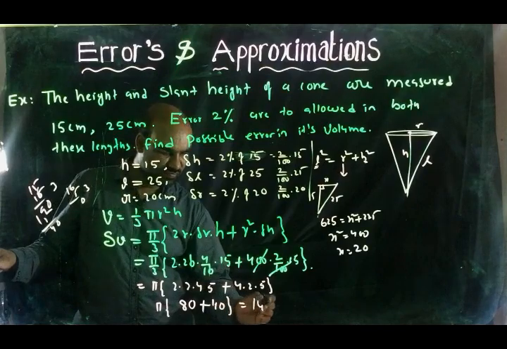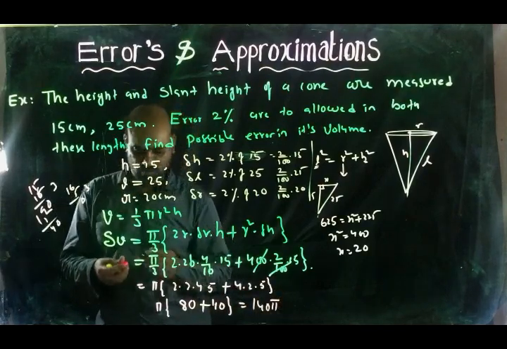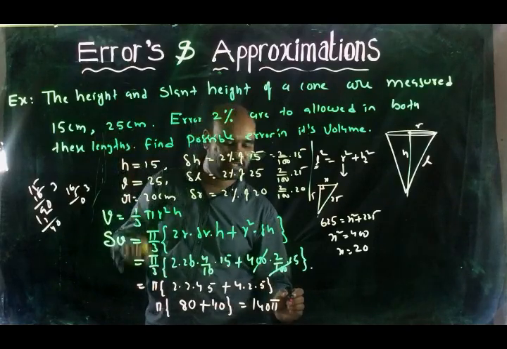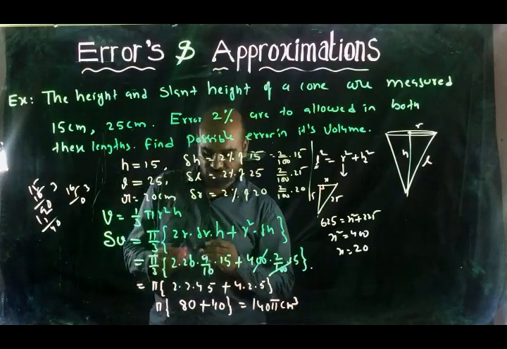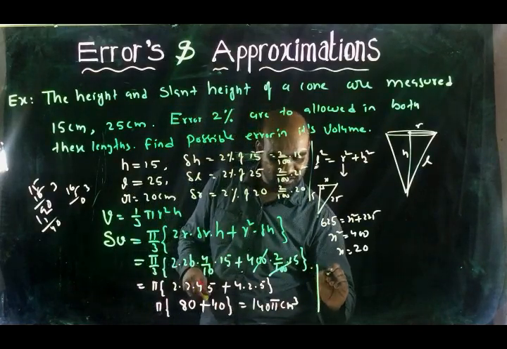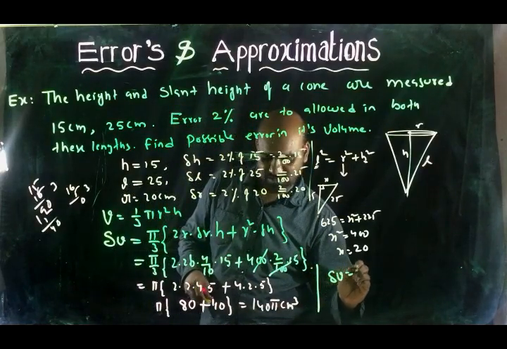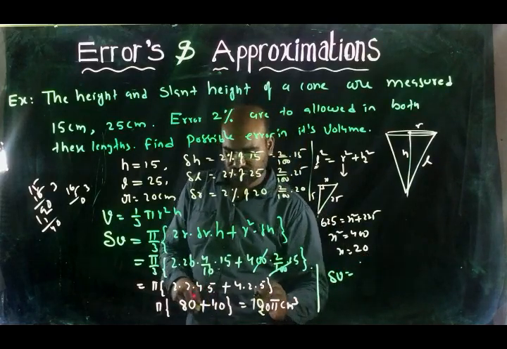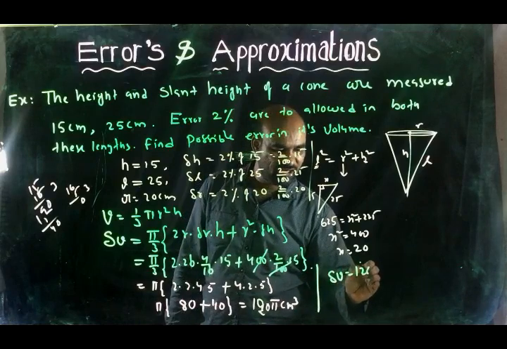So this is 145. Therefore 145 centimeter cube. Therefore error in volume we got as delta V. I can say that is equal to 80 plus 120. Okay, sorry. 120 pi centimeter cube.